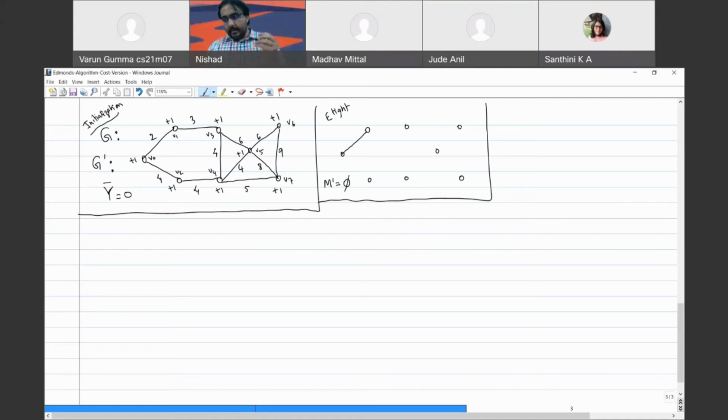All right. So my current matching is empty, and I also want to maintain an M alternating tree at every point in my algorithm. So I'm going to choose some root vertex. I'm going to choose this as my root vertex. So the current root is V2.